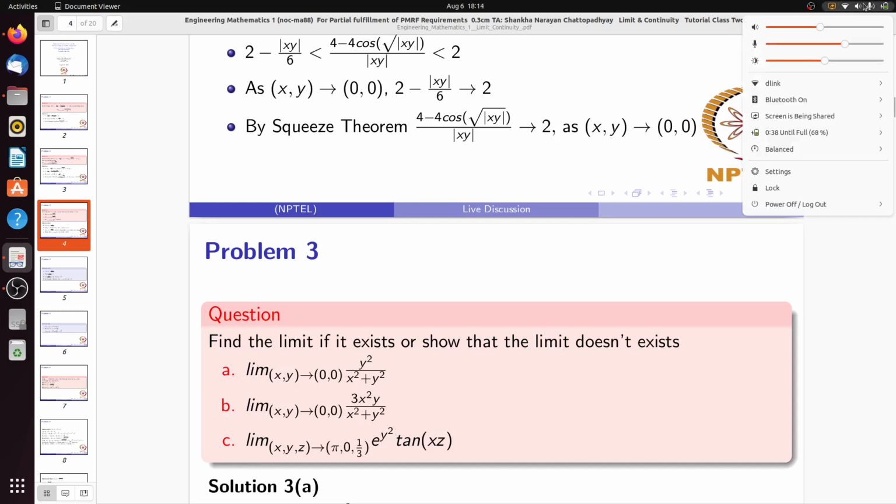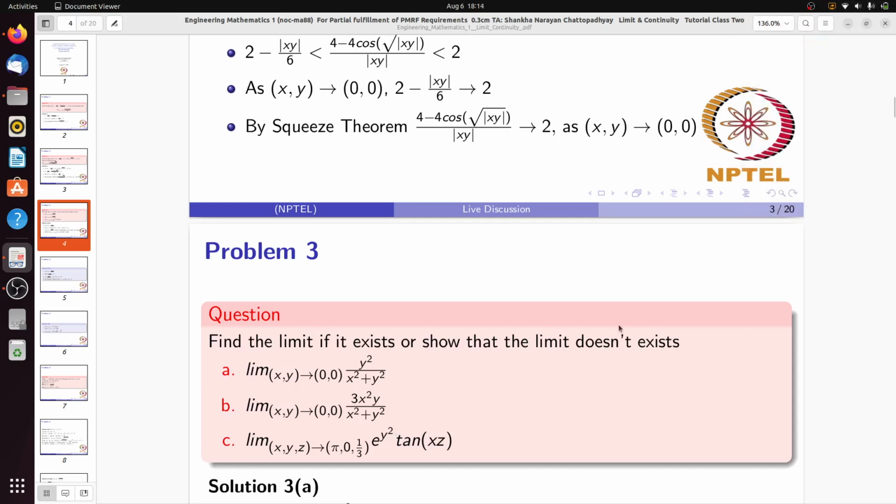In two variable calculus there are only two variables involved, and in three variable calculus there will be three variables to tackle. So don't be scared by seeing three variables here. Three variables means we have to just check the limit at these three points.